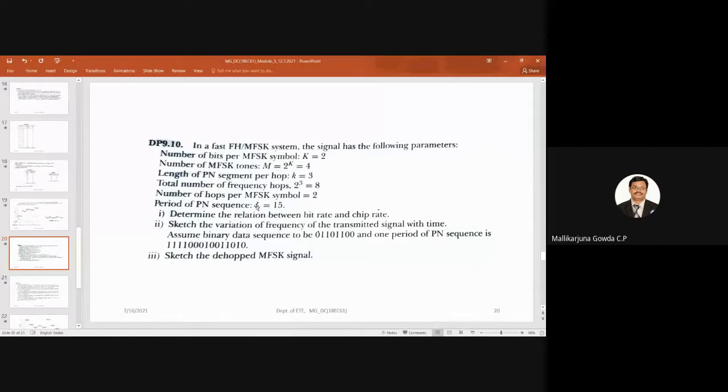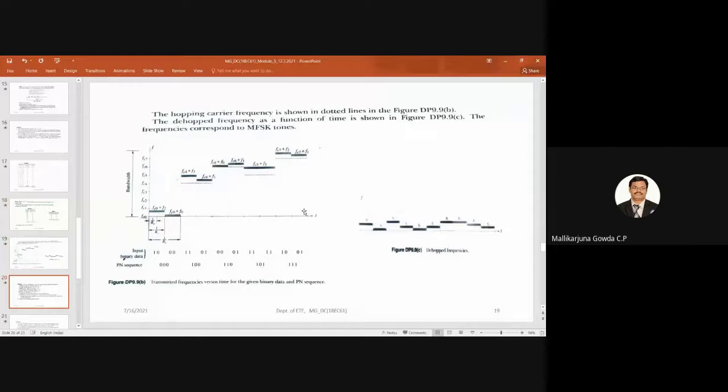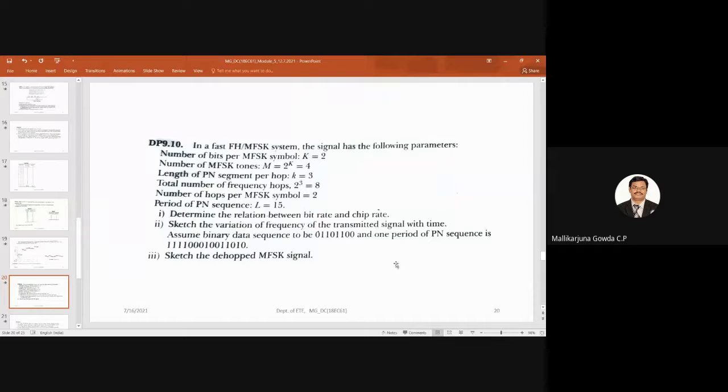So you are only given what the PN sequence is. So you don't have to generate the PN sequence. Okay, so in the previous problem, he had given the PN sequence diagram. Right, from this you need to generate the PN sequence by considering the initial state as 1000. But in this problem, he has given directly the PN sequence.